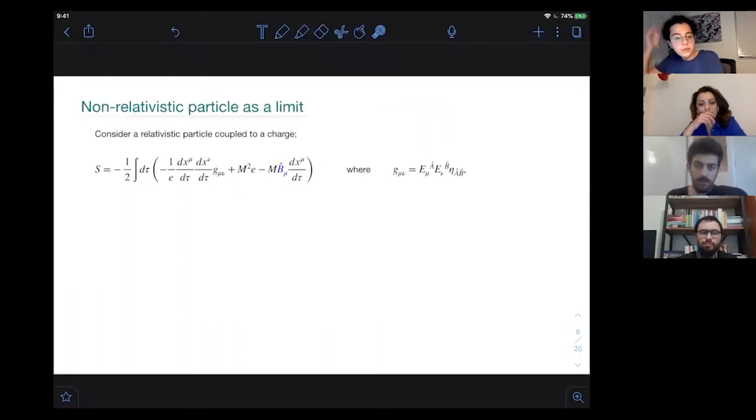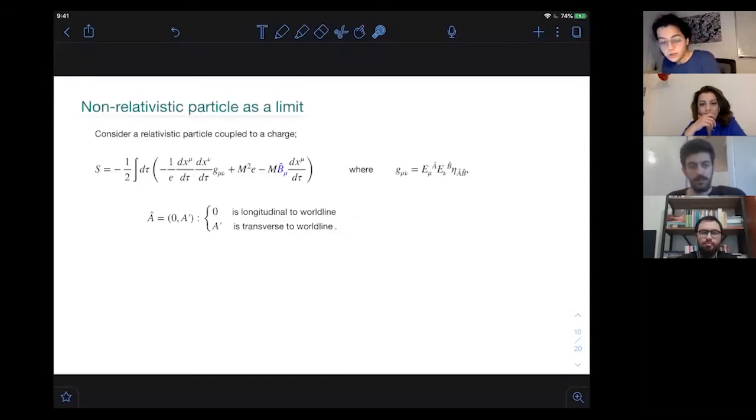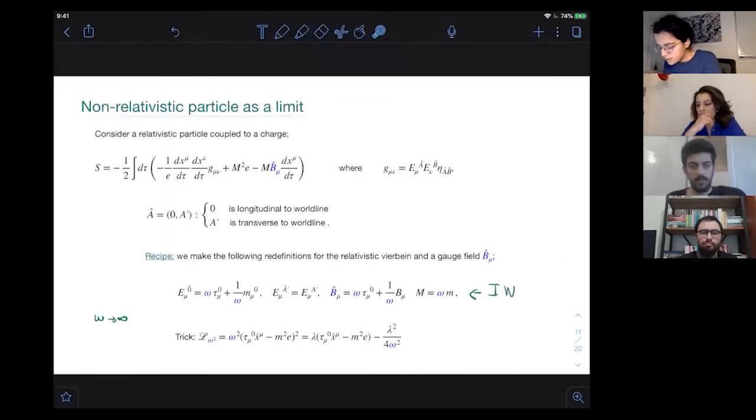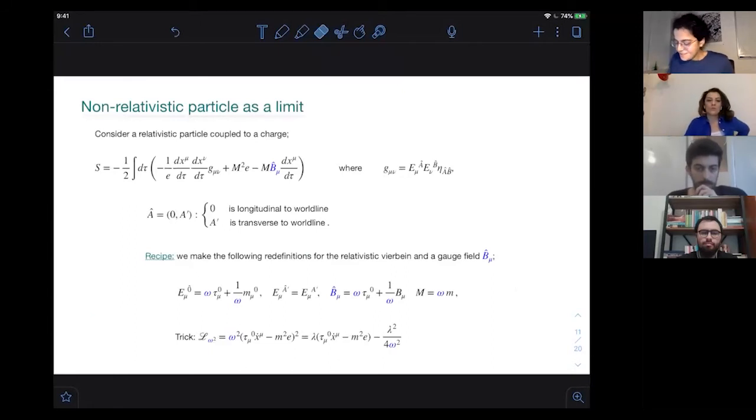The important point is that I can't take the limit directly from this action. I have to couple to a charge. So for that reason, I introduce a gauge field B_mu. And then, as I promised, I decompose the tangent space into longitudinal and transverse. The recipe I want to introduce in order to take a limit is the following.